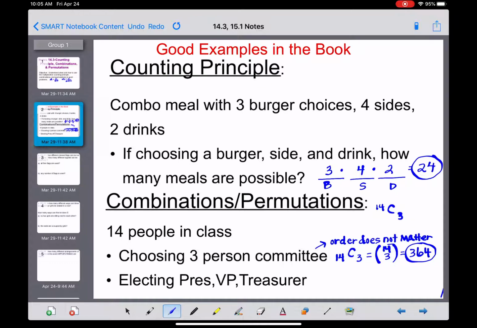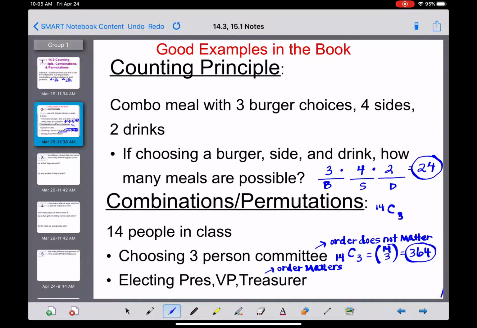For the next one, 14 people in a class, we're electing president, vice president, and treasurer. In this case, order does matter. If I pick student A to be president, student B to be vice president, and student C to be treasurer, and then I change it and make student B president, that's a different way to have these offices.